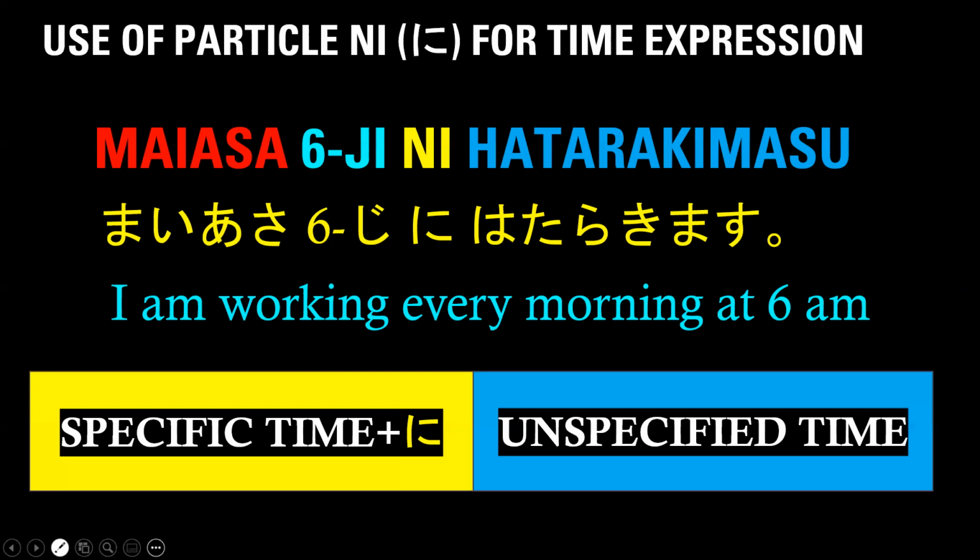Pero this time, lesson 4, if you're going to use verb masu form or going to use a sentence that utilizes verb as your predicate, and you're going to use time expression with that, you have to make sure if it's a specific time or unspecific time. For specific time, you have to add particle ni. So it marks the time as the specific time. Okay? Or it means to say para siyang English equivalent of at. Okay? So klaro naman siya.